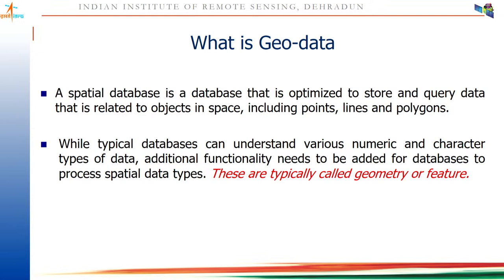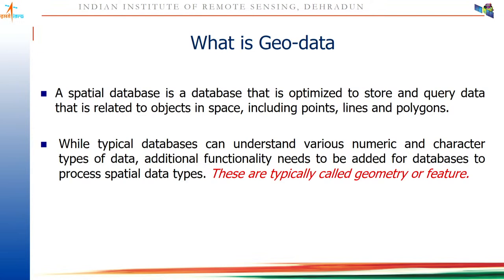Basically, if you try to understand the relational database management system, or simply DBMS, we store the data in the form of data types. The standard data types could be text, number, integer, float, double, or sometimes varchar, varchar2. All these data types we use in our database management system.